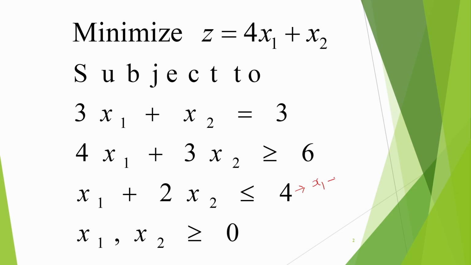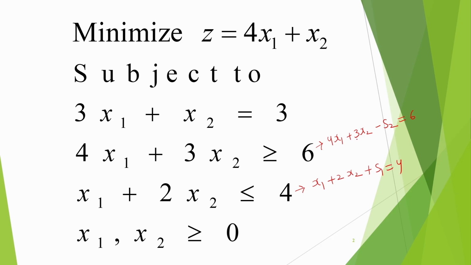I can say x1 plus 2x2 plus s1 is equal to 4. If I put x1 equal to 0, x2 equal to 0, I get s1 equal to 4. But here I have to put a surplus variable: 4x1 plus 3x2 minus s2 is equal to 6.